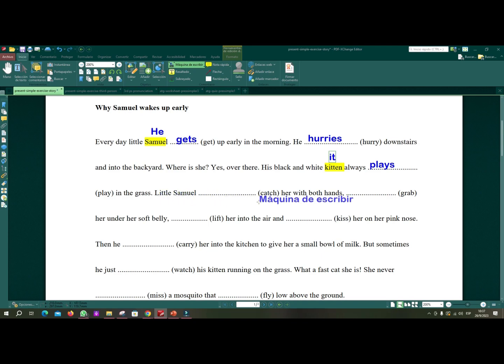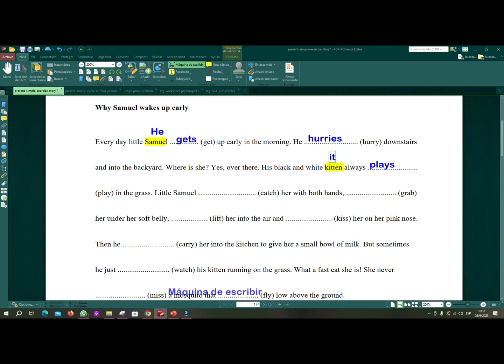Entonces, lean bien el texto y vayan utilizando el verbo entre paréntesis, haciendo los cambios, ¿verdad? Si solo le va a agregar S o le va a hacer el cambio de IES, o solo, pues, en todo caso, si termina en el verbo, le agrega solamente S, etc. Entonces, usted va a ir haciendo los cambios y recuerden, todos son tercera persona singular, ¿ok?